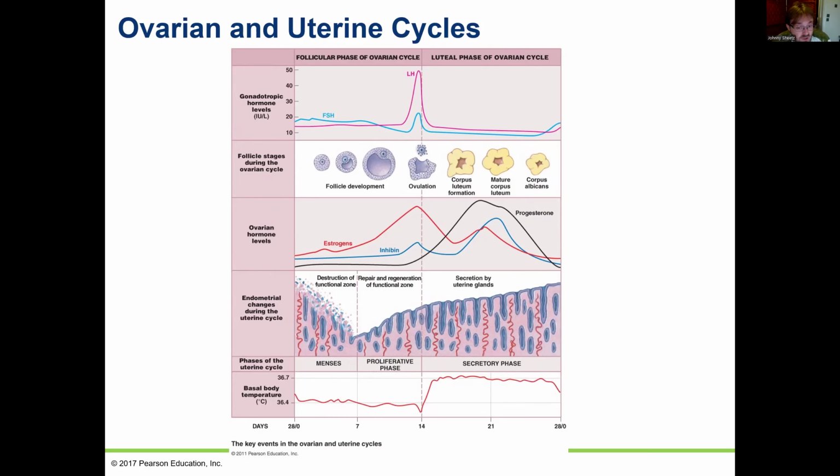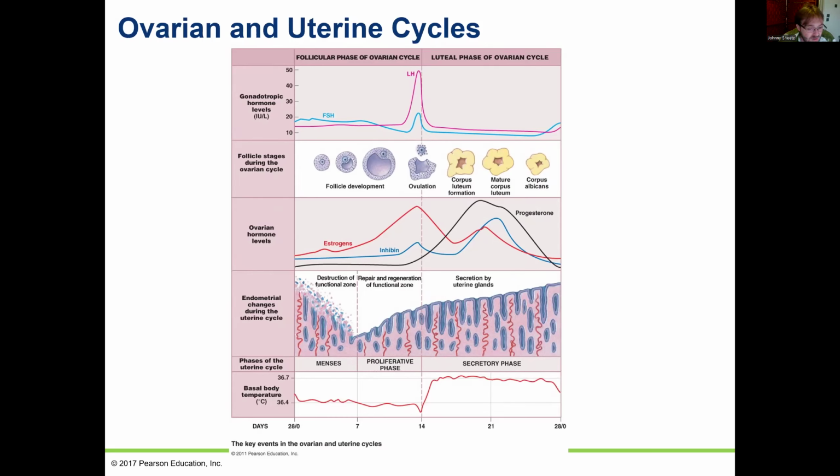Then we have our estrogen, our inhibin, and our progesterone, as well as the actual endometrium. This is kind of like a cross-cut of the endometrial tissue and how dense it is at different stages during the cycle. So here's the menses, you can see it's starting to degrade and break down.